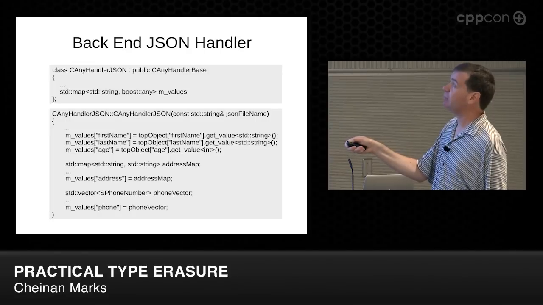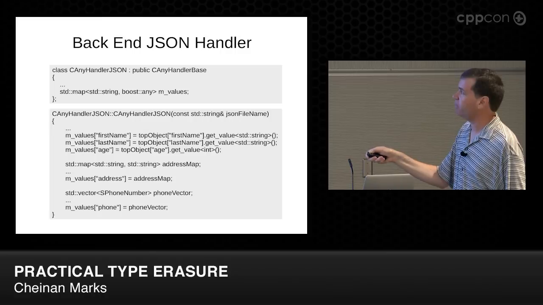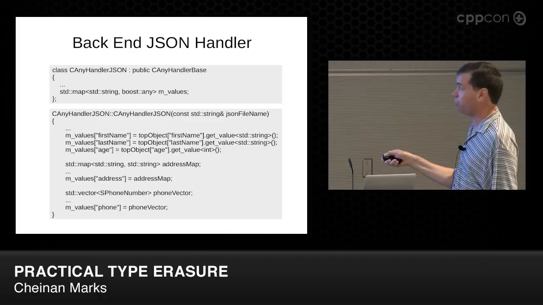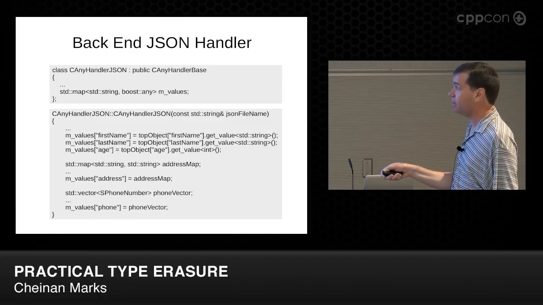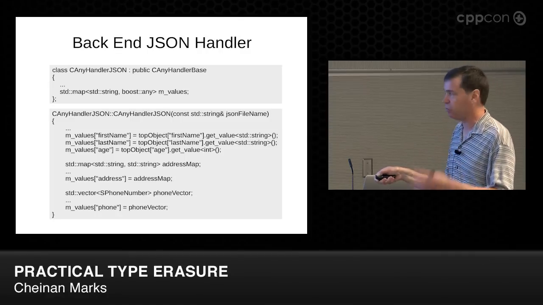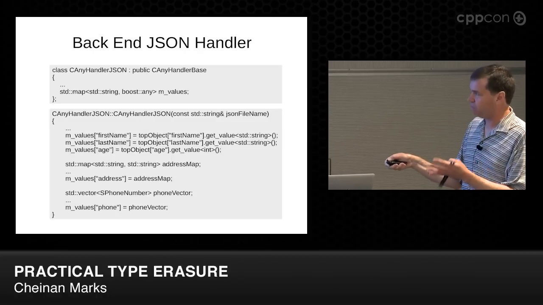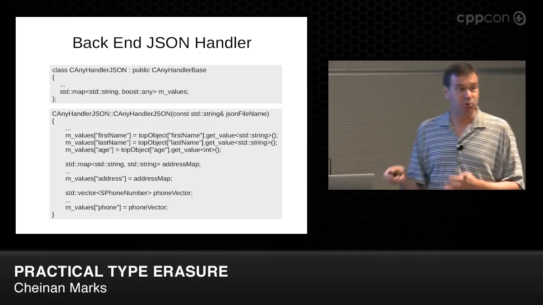Now notice I'm using Boost Any in the backend itself, all right? The keys are going to be first name, last name, etc., address. And then the values are going to be a string, an int, a map, all right? So address is going to be a map, and I'm going to put that into Boost Any. Or the vector of phone numbers, where phone number was a struct that had two strings in it, all right? So mValues is going to be this map, based on the key, that's going to contain all these Boost Anys.